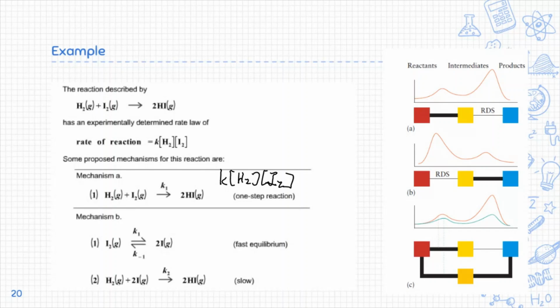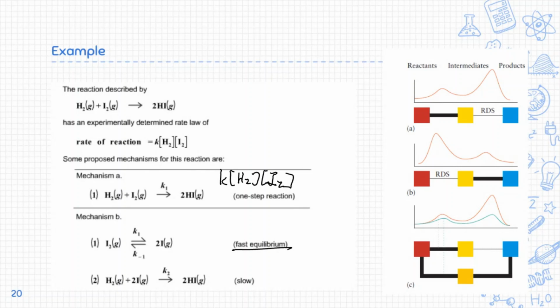We know that this is a fast equilibrium, and equilibrium basically means the species are rapidly converting into one another, this back and forth reaction is occurring rapidly. That's basically what they're trying to say.